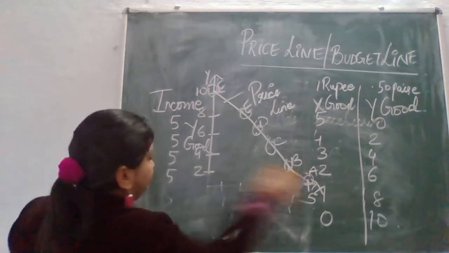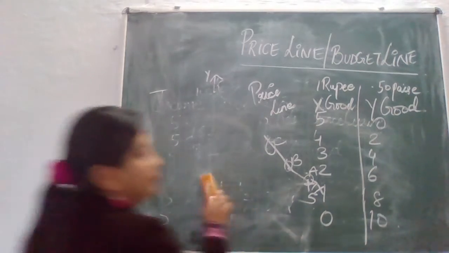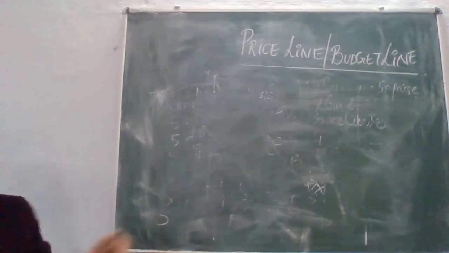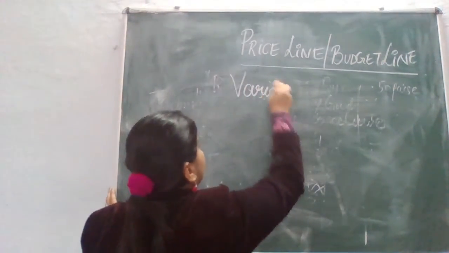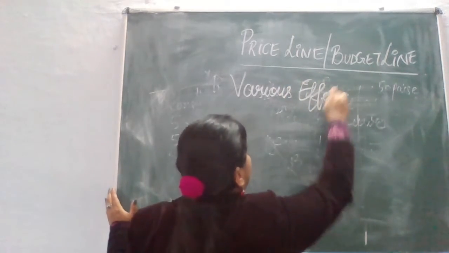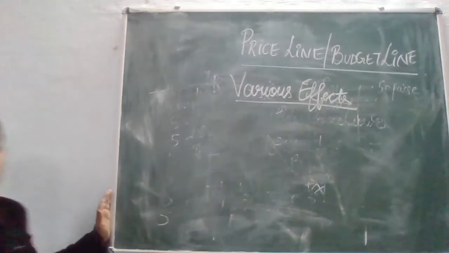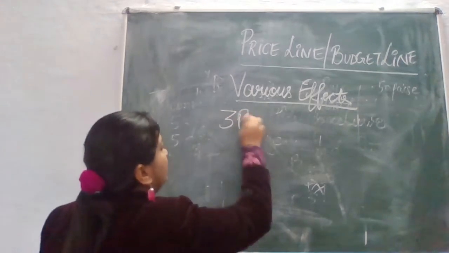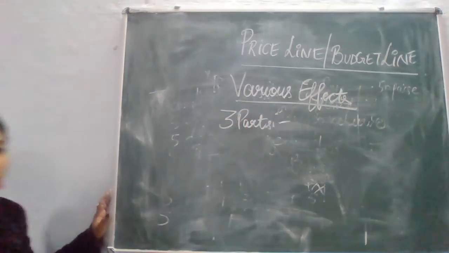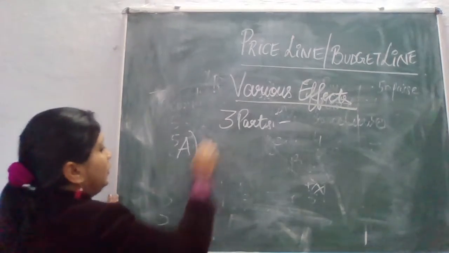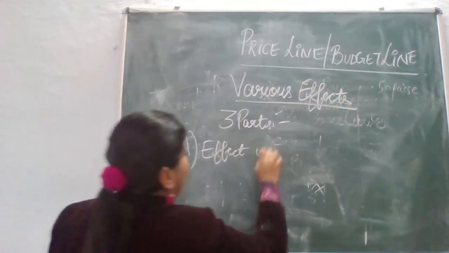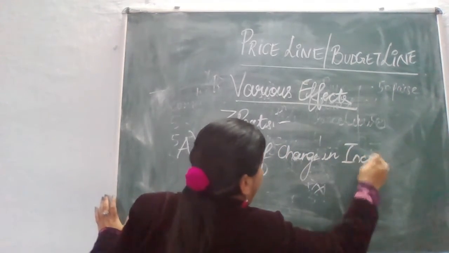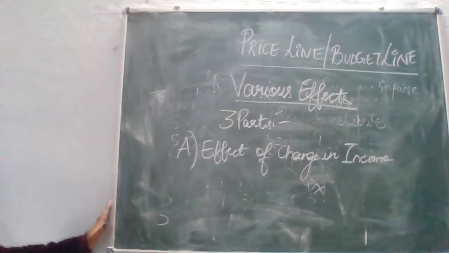Now the next is various effects of price line. Now what are the effects of price line? Various effects of price line can be divided into three parts. There are three parts of it. First is effect of change in income.